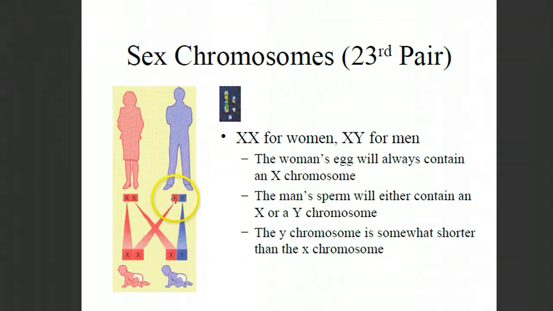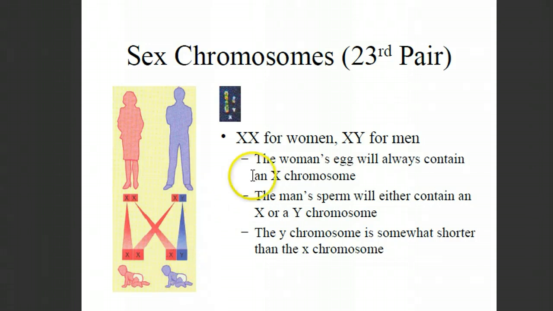So if he contributes an X chromosome, that combined with the mom's X chromosome, and then we have a biological woman that will be developing. If the biological father contributes the Y chromosome, along with the wife's X chromosome, then we have an XY chromosome, and that will result in a biological man developing.